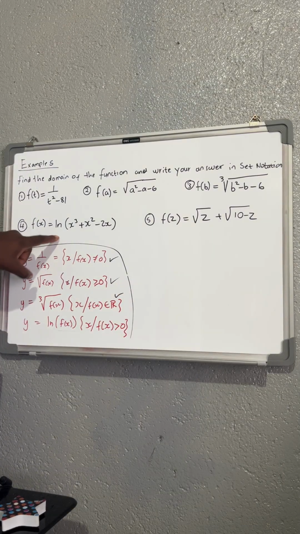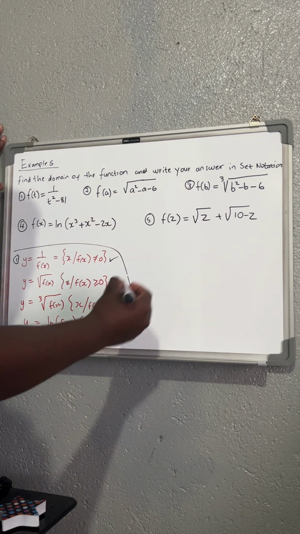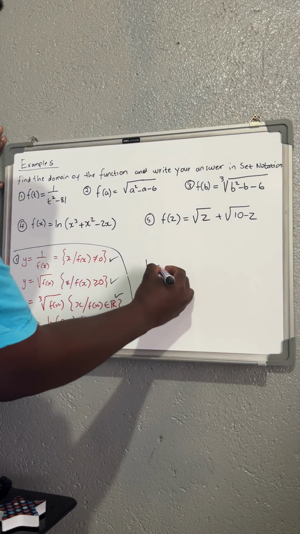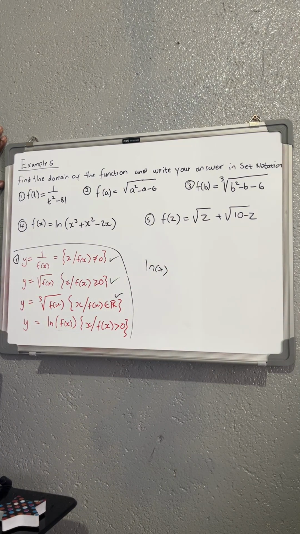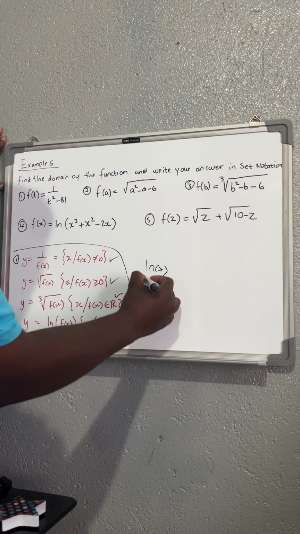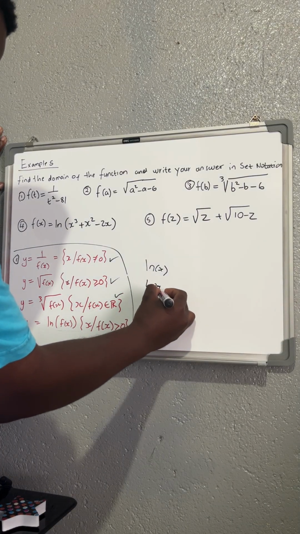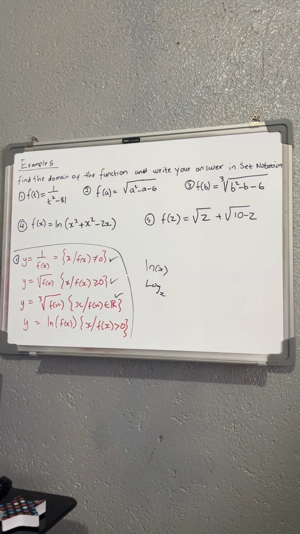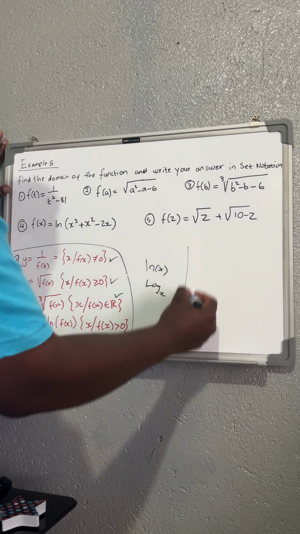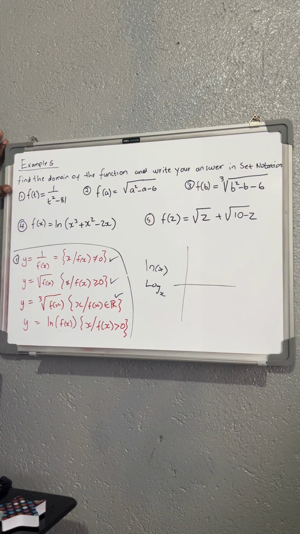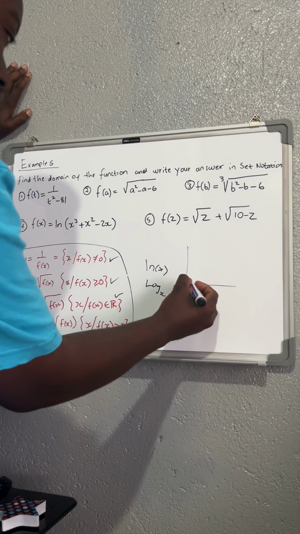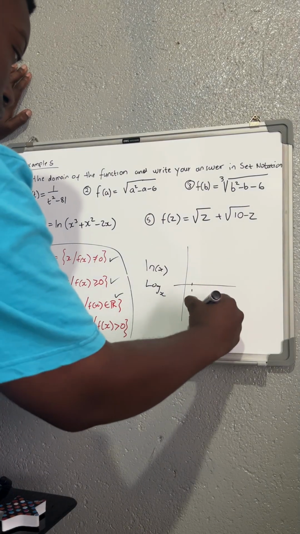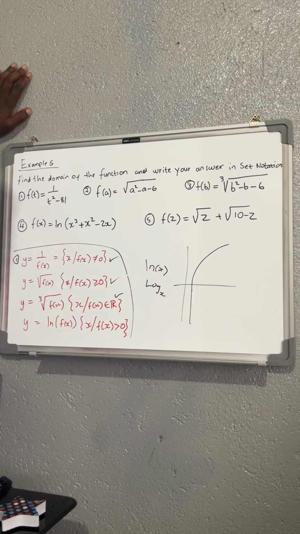Then we get to these types where you have your ln. Remember, in calculus we are using ln of x, but in your high school and your college you were using log of x. These are always the same. If you draw your graph of ln of x or log of x, it will always start here at point 1, being something like this.